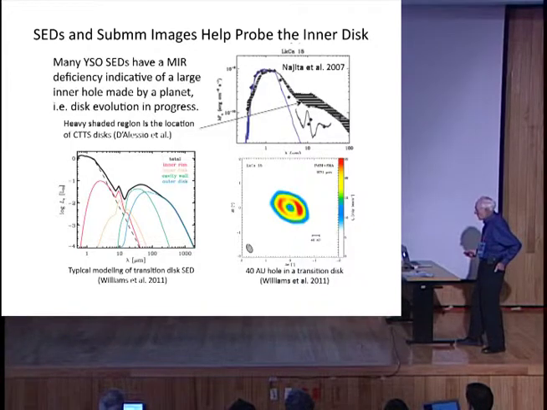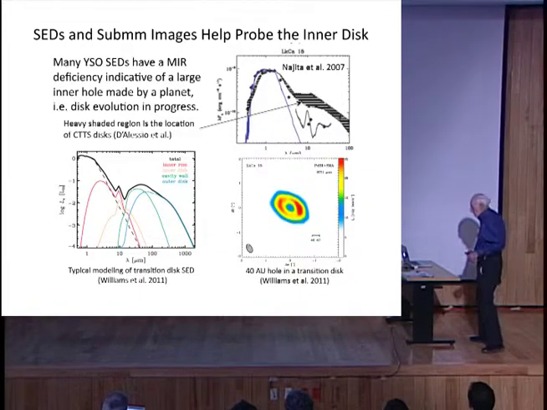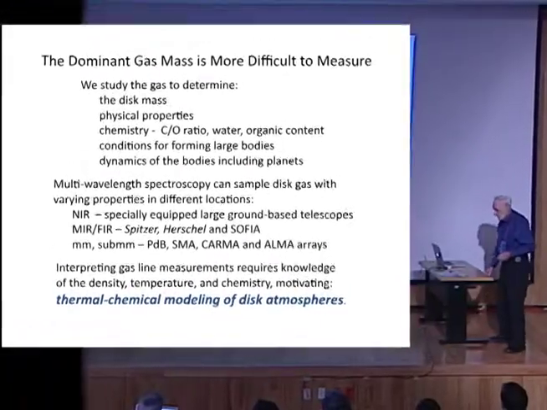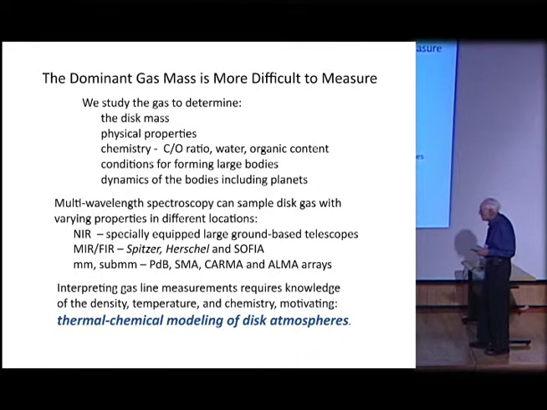Now, one can, of course, ask about imaging in the gas, and that has been done to some extent, but is in a very active area now with new data from ALMA. So the reason for discussing the gas is that it is often the major mass component of the disk, and there are all kinds of things that we can learn about planet and star formation by studying the gas.